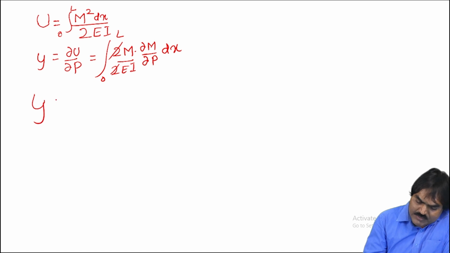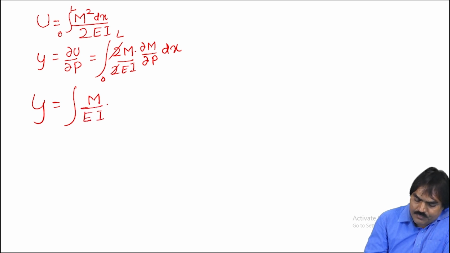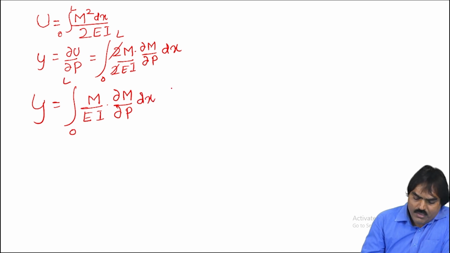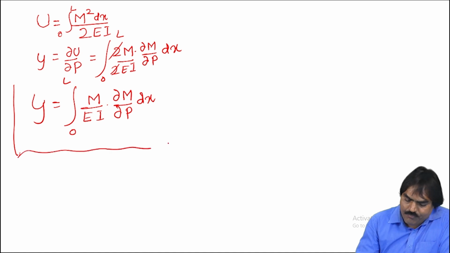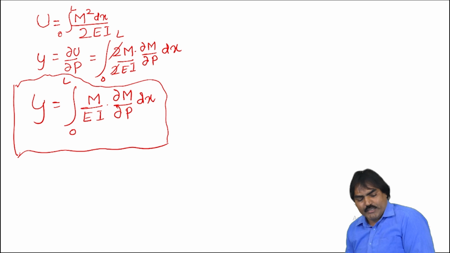Therefore, the other way, directly if you know the moment, that is integral of M by EI into dou M by dou P, 0 to L, into dx. This is another form of the equation to find the deflection.